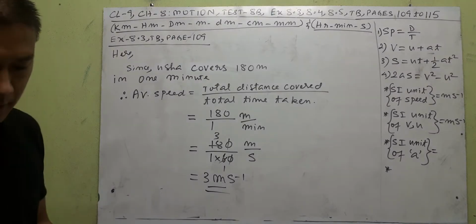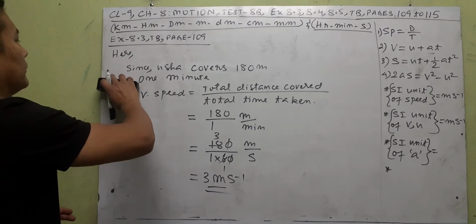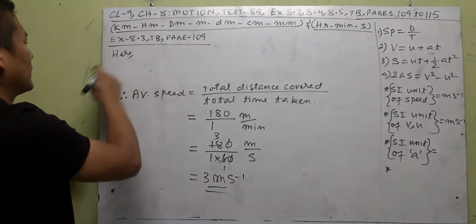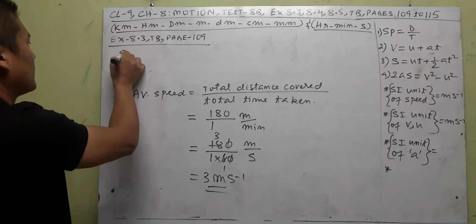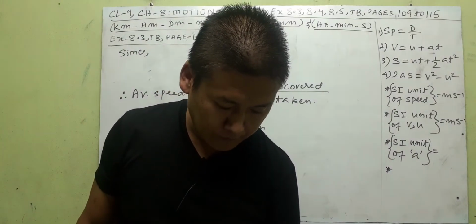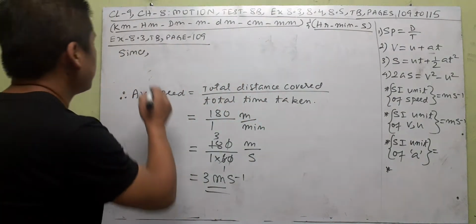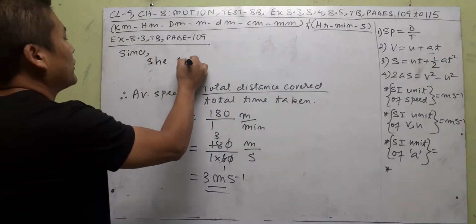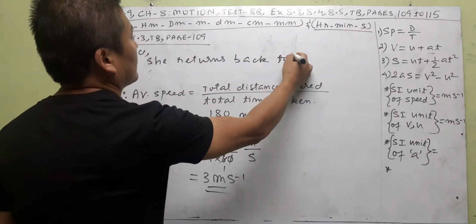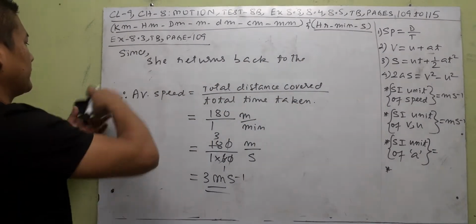Now how about the average velocity? Now we will continue here. You can just continue below this. Since, according to the question, she returns back along the same straight path, you just write here, since, as we read the question, we can see that she returns back to the starting or initial point from where she started.